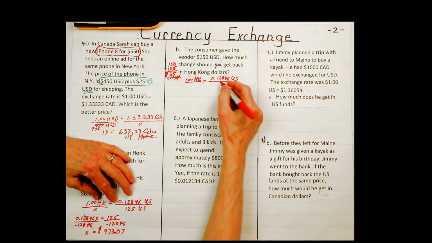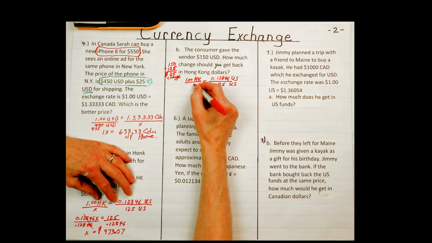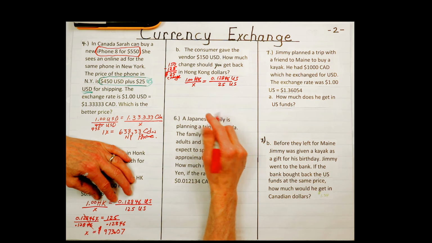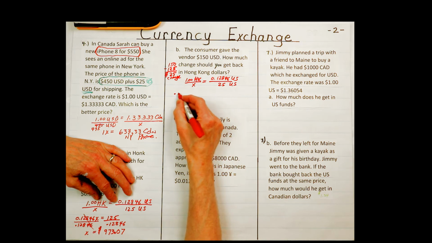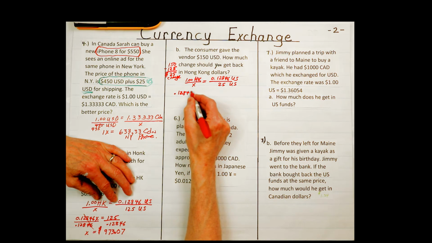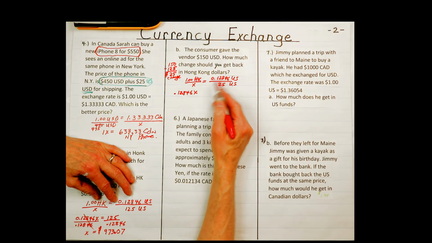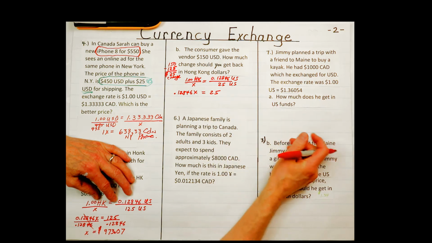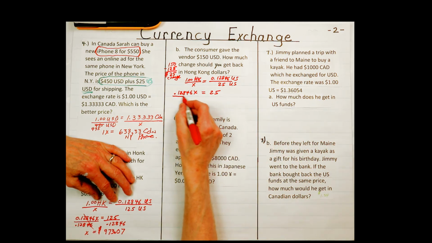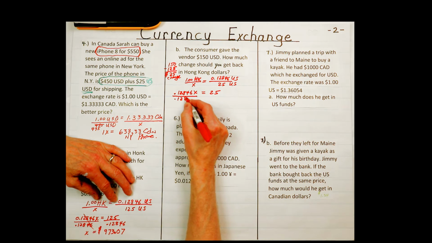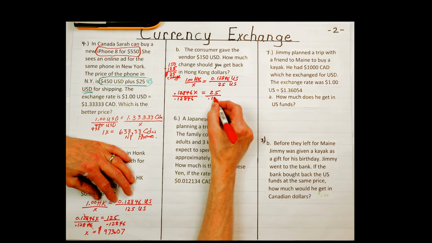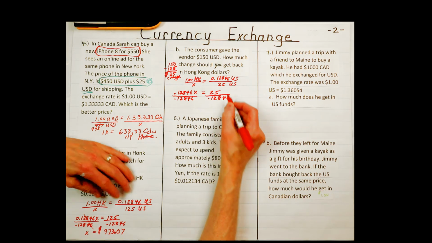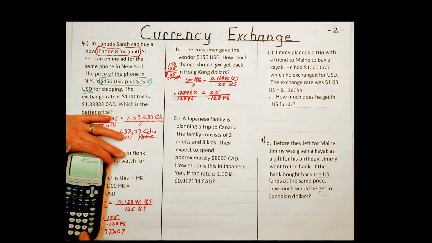So $25 US would be X. So we're going to get 0.12846X when we cross multiply one way, and then the other way is equals 25. And now divide both sides by 0.12846, and what are we going to get? 25 divided by 0.12846.